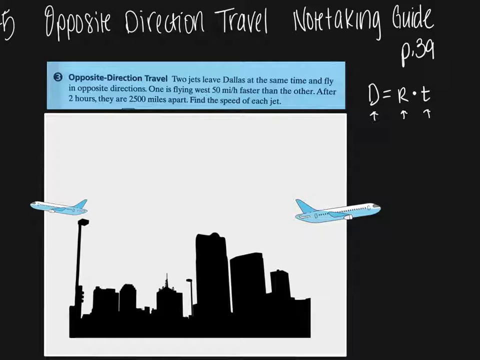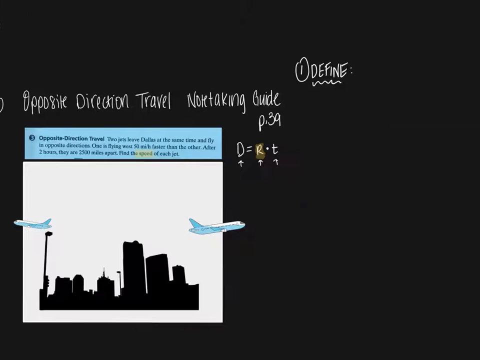I want to know what their speed is. Okay, so I'm going to take my highlighter and highlight what I'm looking at. I'm looking to find speed. If I'm trying to find the speed that each jet is moving, that's my R over here. So if I need to find my speed, then hopefully I know distance and time. Let's see what we've got to work with.